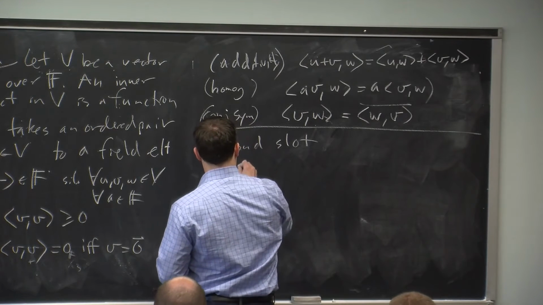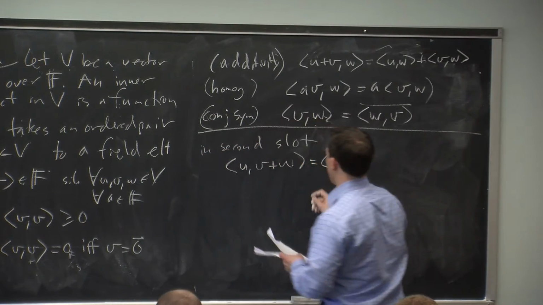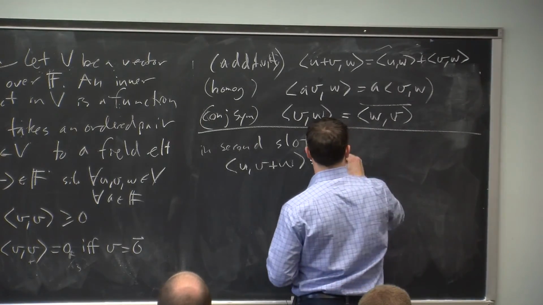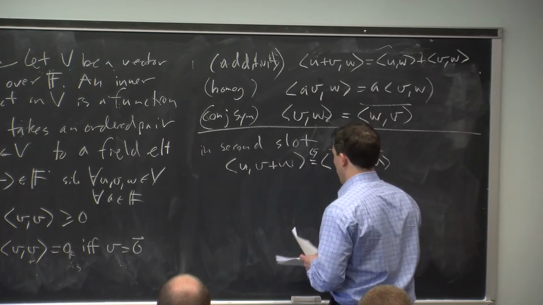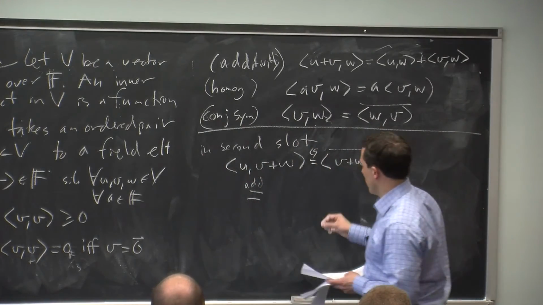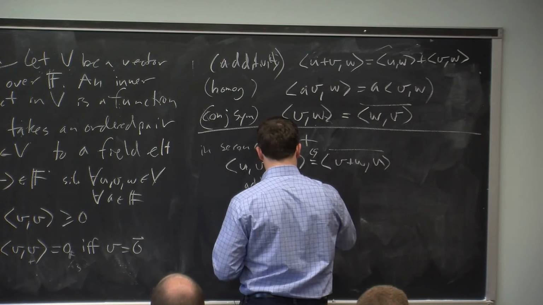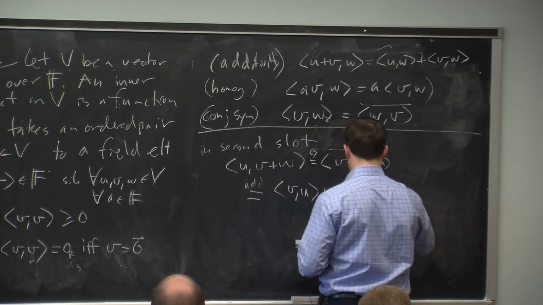So the inner product of u and v plus w is equal to, by conjugate symmetry, the inner product of v plus w and u conjugate, which by additivity is equal to the inner product of v and u plus the inner product of w and u.